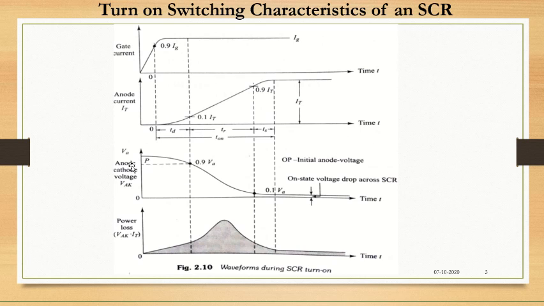The anode to cathode voltage we will take as VAK, or you can take it as VA as well, as shown in the figure. The current flowing through the device, our SCR, we can call anode current, or as shown in the figure here, thyristor current, that is IT.